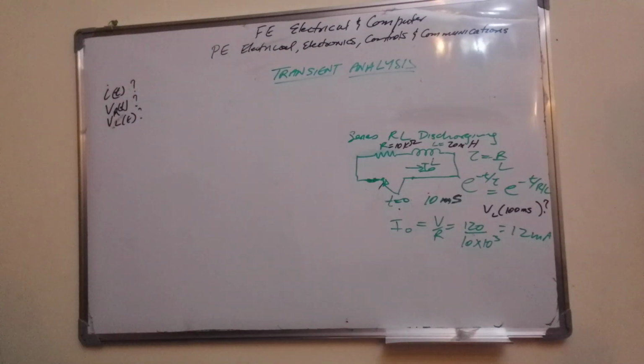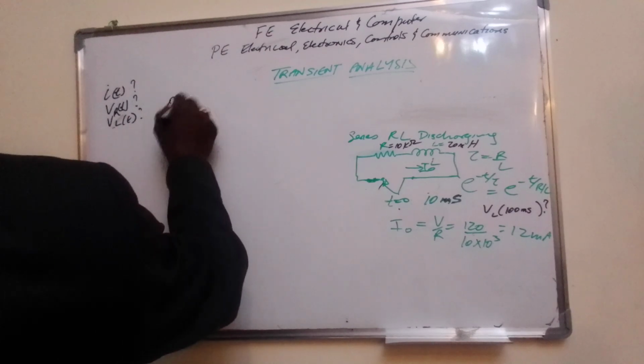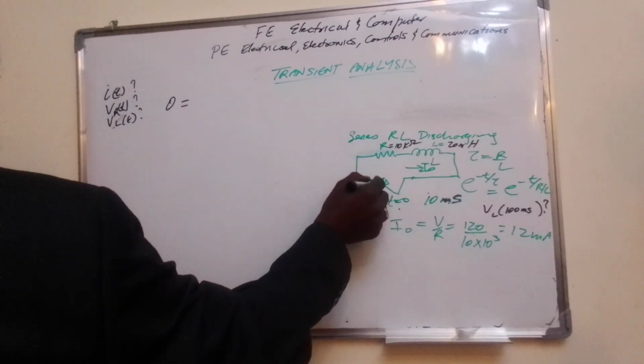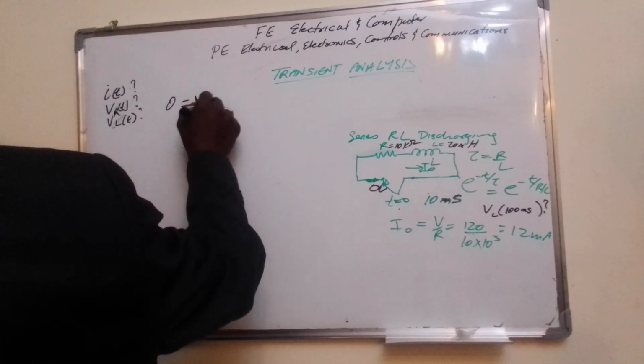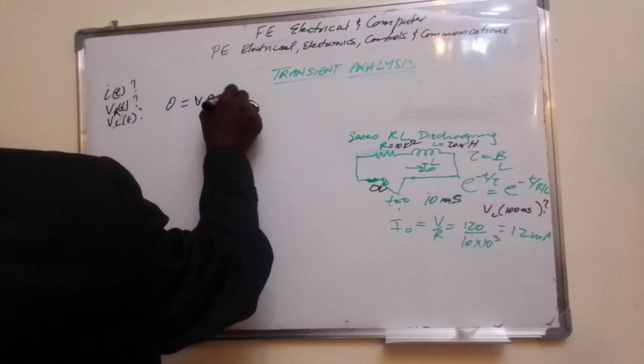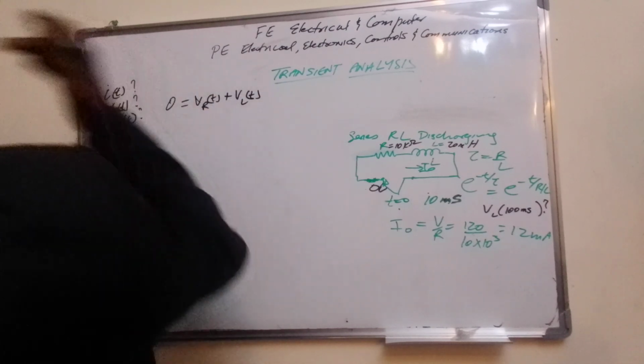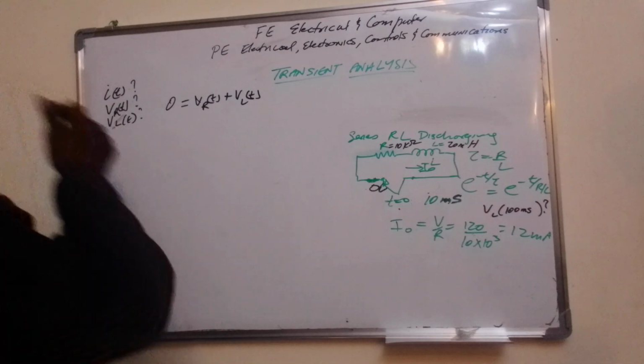Let's start with the current. In a discharging situation, obviously if it's discharging, this is 0 volts for the source, so 0 volts is V sub R after t plus V sub L after some time t, right?